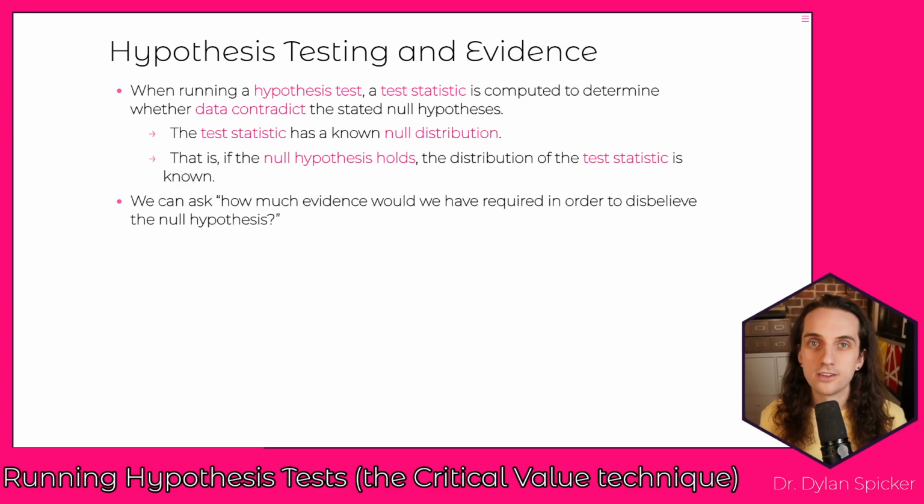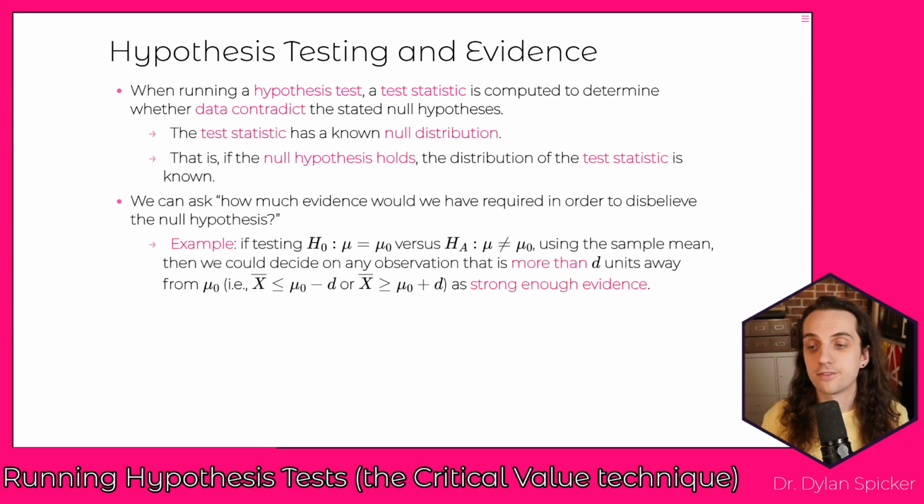This depends on the context and on how much is riding on us getting these decisions right. How much evidence do we require in order to not believe that the null hypothesis is true? In other words, how extreme an observation do we need to make in order to doubt that the null hypothesis is accurate?